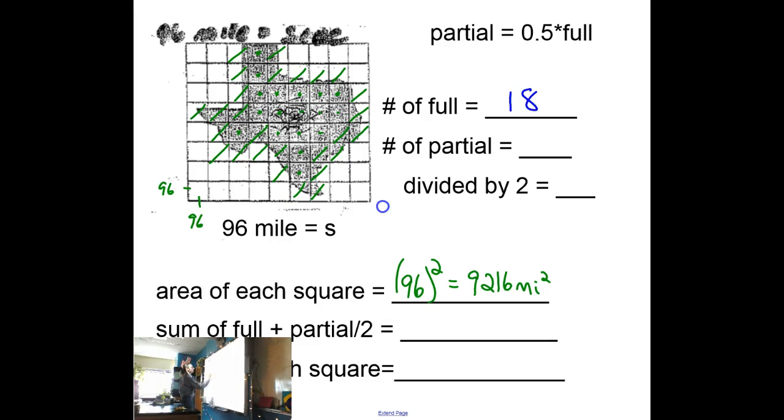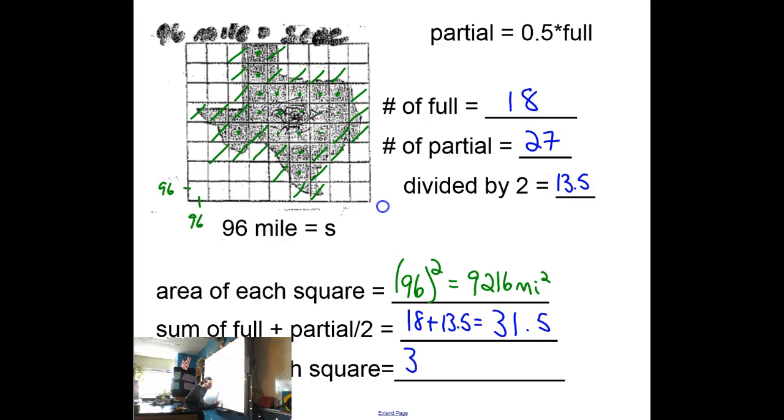Number of partial boxes: 1, 2, 3, up to 27. 27 divided by 2 is 13.5. So now I add my full and partial together, so I've got 18 plus 13.5, and I get 31 and a half.